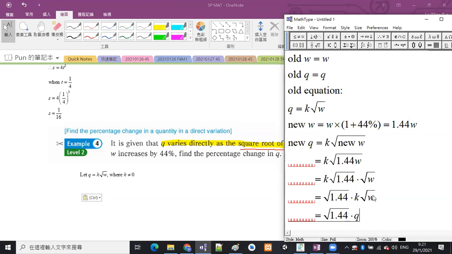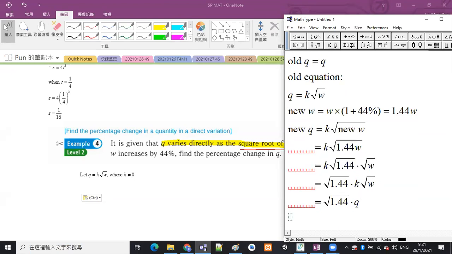Because I want to express the new Q in terms of the old Q. All right? And of course, this square root 1.44 is a pure number, and you may simplify this. It's 1.2 Q. Can you get this? So new Q is equal to 1.2 Q.